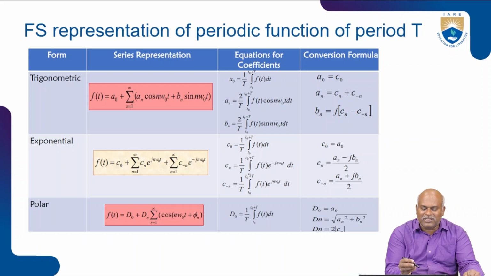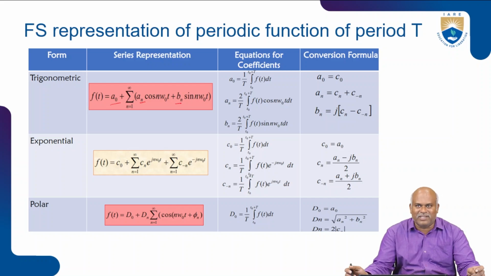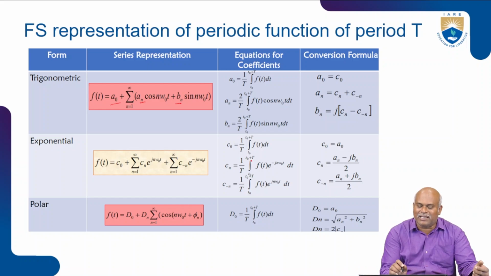Here a0, an and bn are Fourier series coefficients. We represent a0 as 1 by T integration of t0 to t0 plus capital T f of t dt.